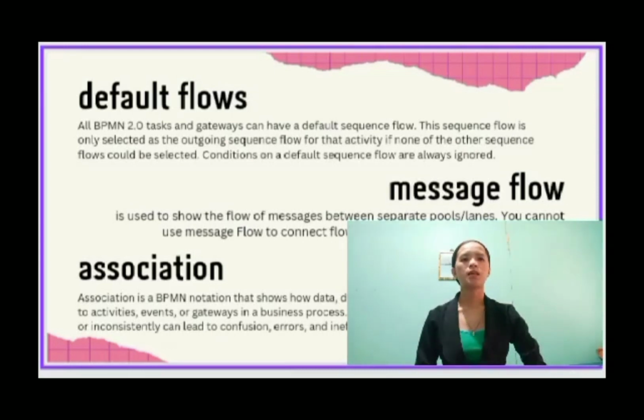The best example of this is a task. In this flow, one task cannot start until another task is completed. So it means that it cannot go into the next task without finishing the first task.